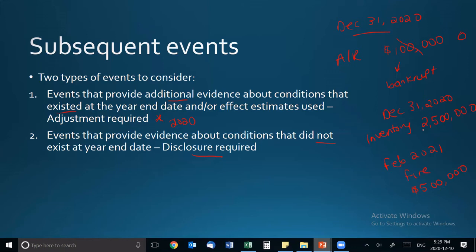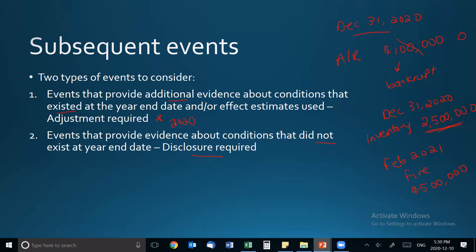Would we need to adjust this 2.5 million to 2 million because 500,000 was damaged or lost in the fire? The answer is no, because December 31st, 2020, you did have $2.5 million worth of inventory. So that was correct. This is not an estimate. This was an actual thing that happened based on your inventory count. The fire happened afterwards. So what we would do here is just do a disclosure.